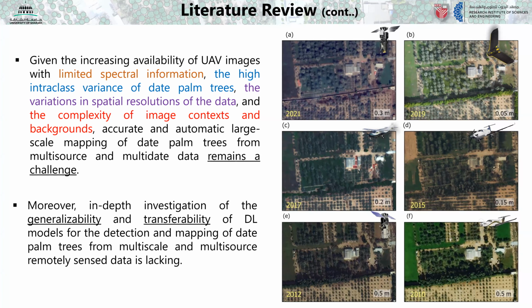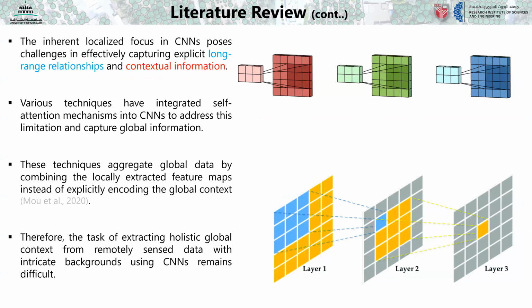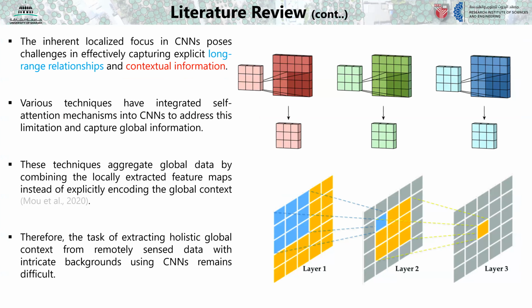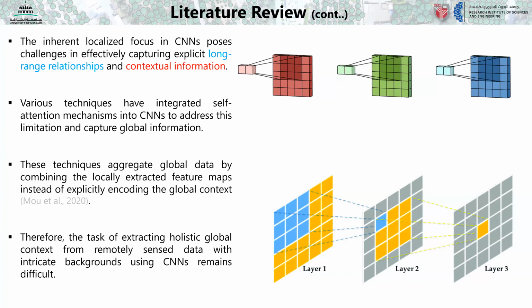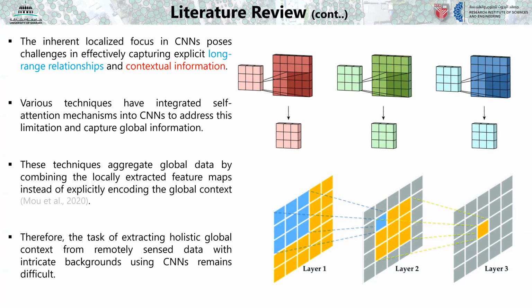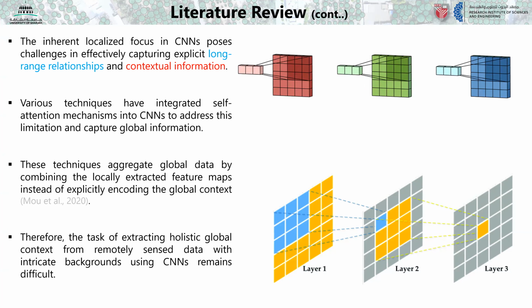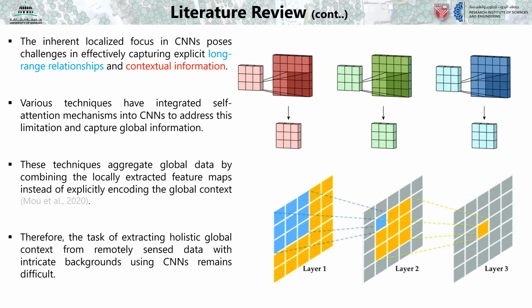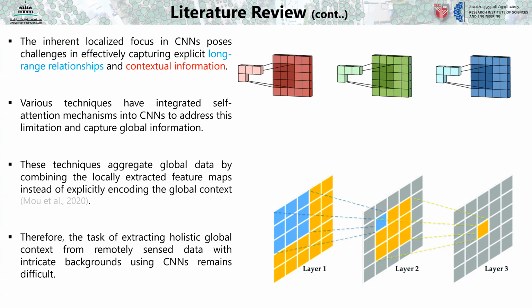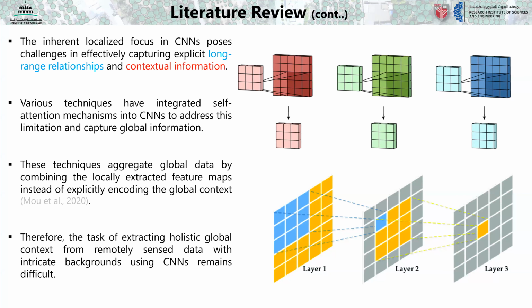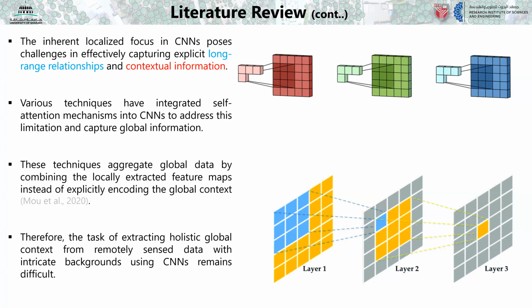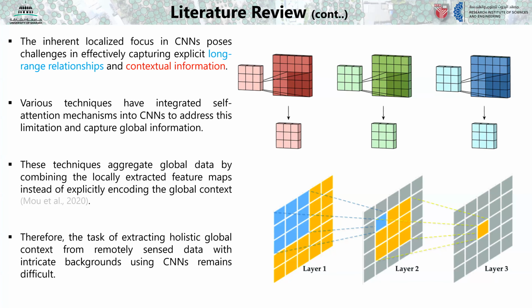So as I highlighted, convolutional neural networks are used in different tasks, but features in traditional convolutional neural networks are extracted within a kernel, what we call a local receptive field. This poses a challenge in effectively capturing global information. Various techniques integrated self-attention mechanisms into CNNs to address this limitation.